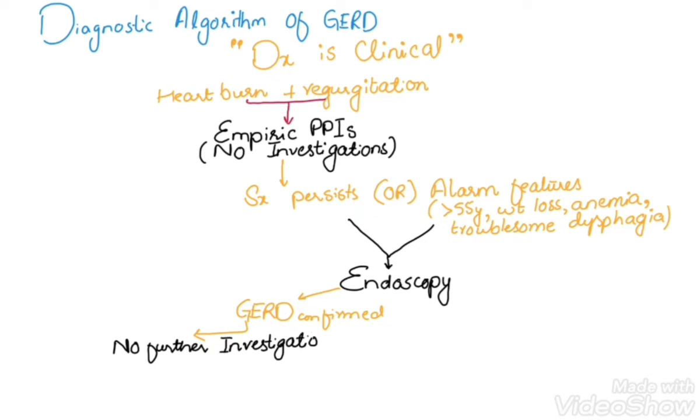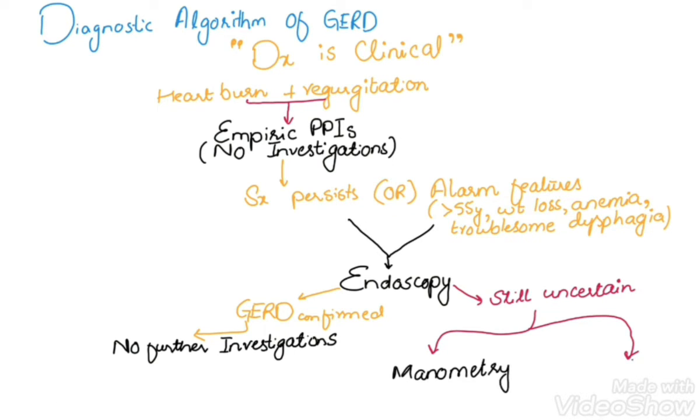If the diagnosis is still doubtful, only then we move to the further two investigations like manometry, which measures LES tone or pressure, and pH monitoring, which measures the pH in the lower esophagus.